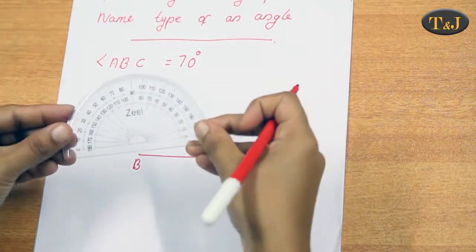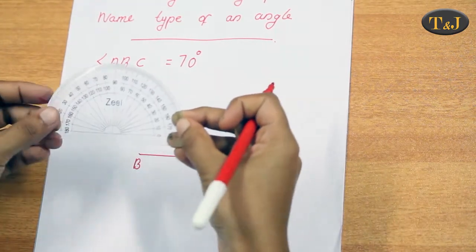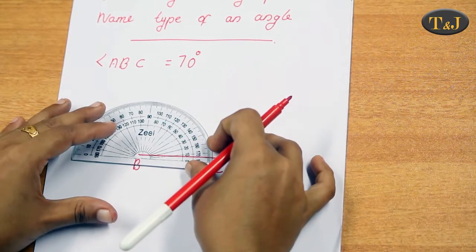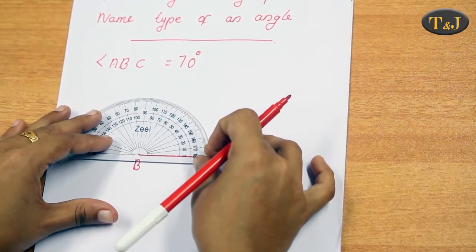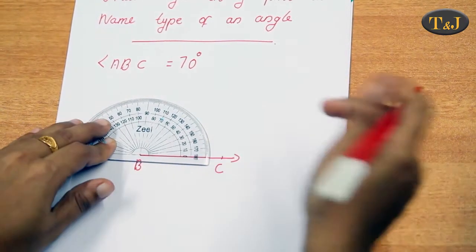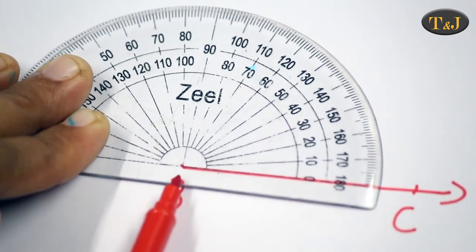Then place the protractor using the center of the baseline, starting from the point B. This is the center of the baseline of the protractor.